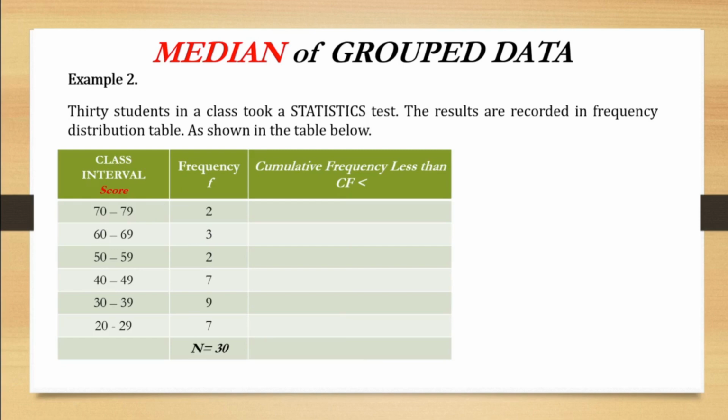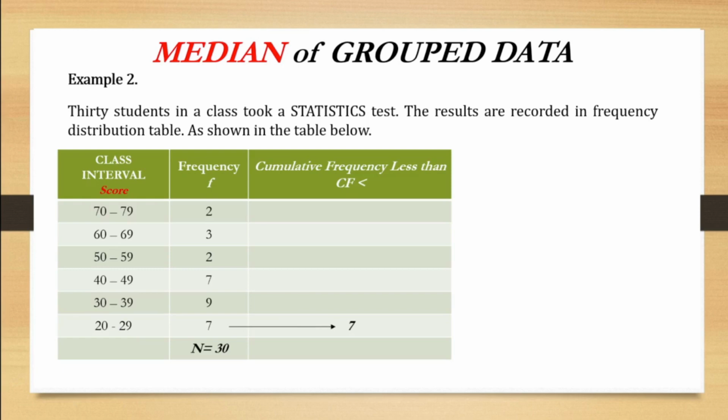So how? First we have to identify where the lowest class interval is. Since the lowest class interval starts below the table, we will start by copying the frequency of this corresponding class interval. So we are going to copy the 7.